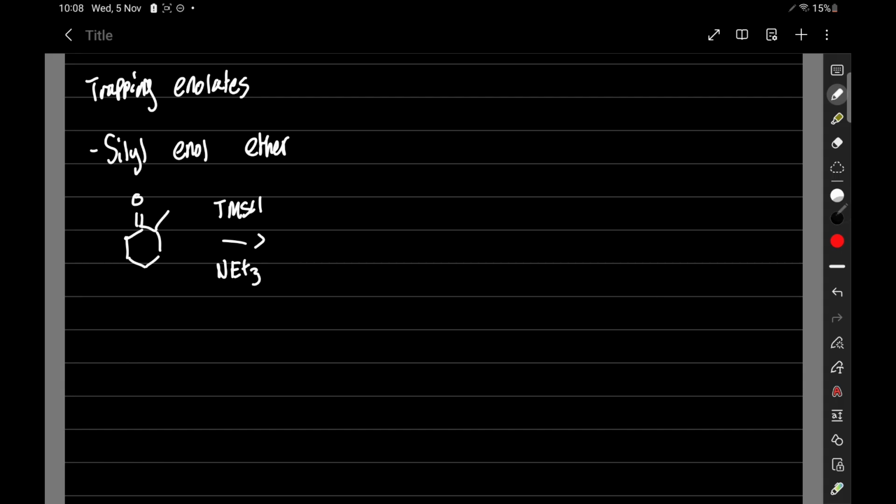Now, what is TMSCl? Well, TMSCl is trimethylsilyl chloride. And this is just a good way of basically installing a trimethylsilyl group onto a nucleophilic position.